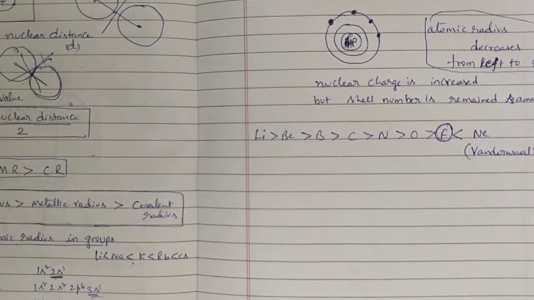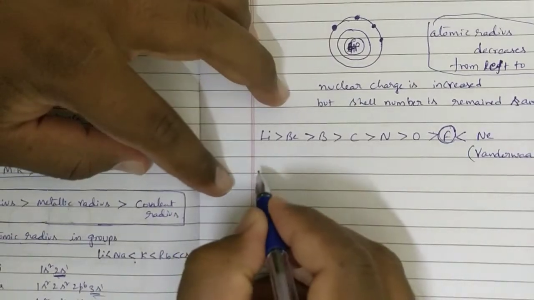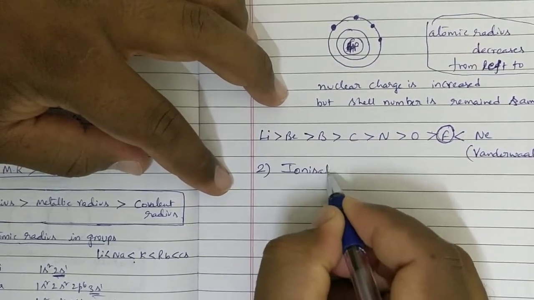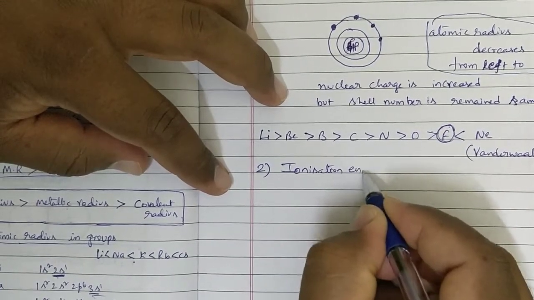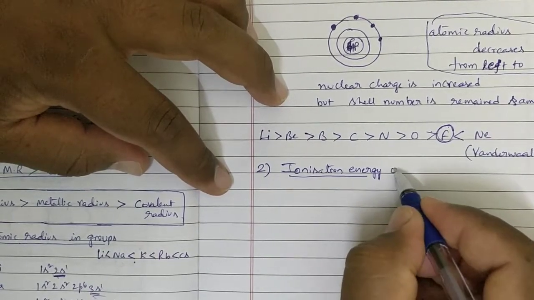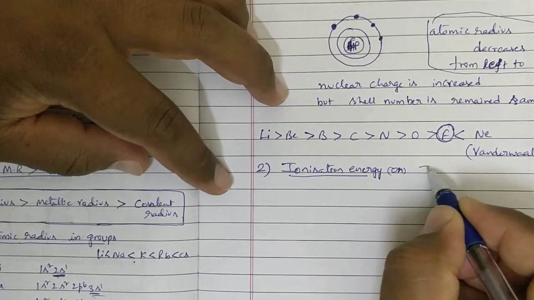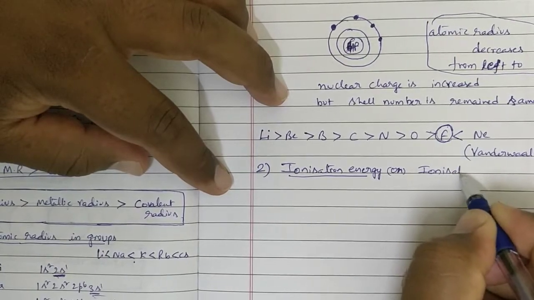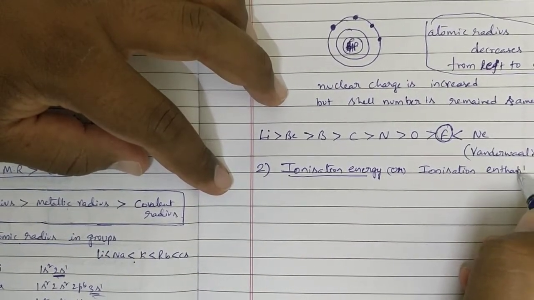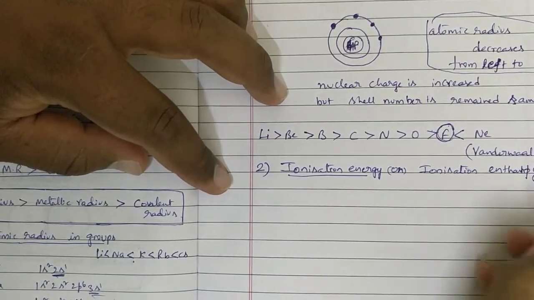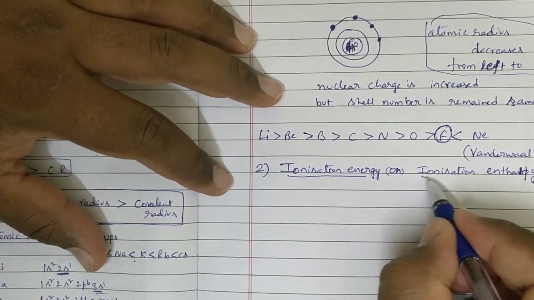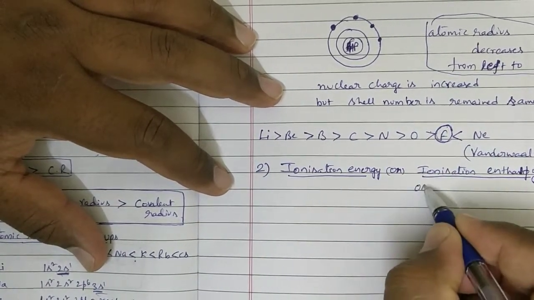Next we will go for the second property, that is ionization energy. Ionization energy is also called ionization enthalpy, which is also called ionization potential.